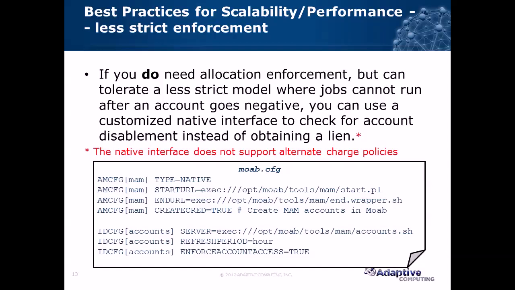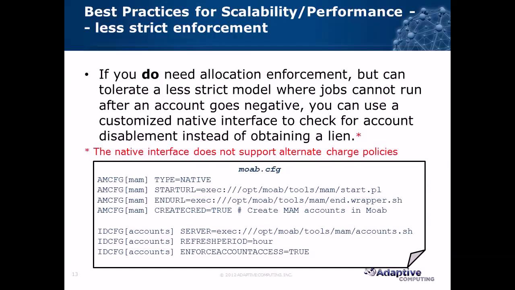And then all the start request has to do is check at start time whether that's true or false. It doesn't need to go to MAM. So we define the start URL. Again, it's type native, it's start URL, and we say run this script, and I'll show you this script. Do the same thing with a wrapper on the end to make that really fast.